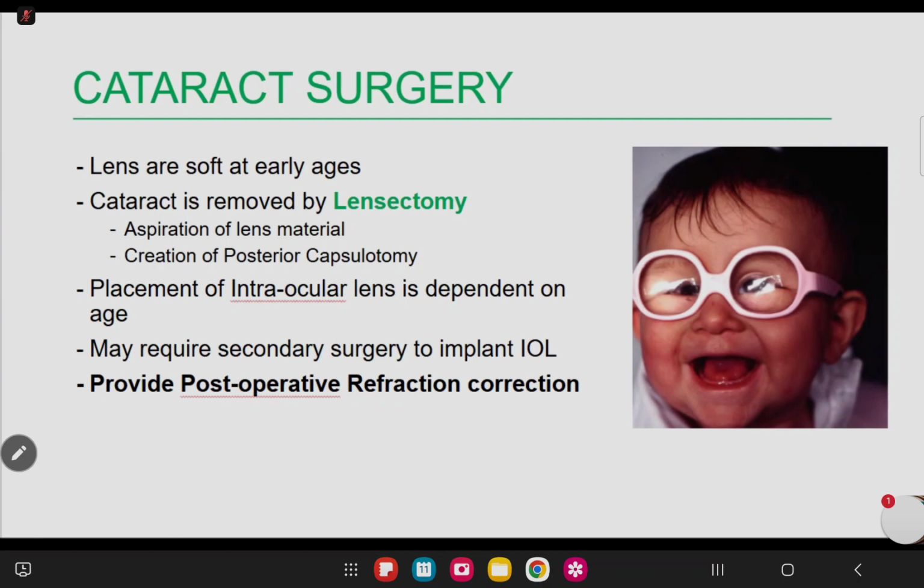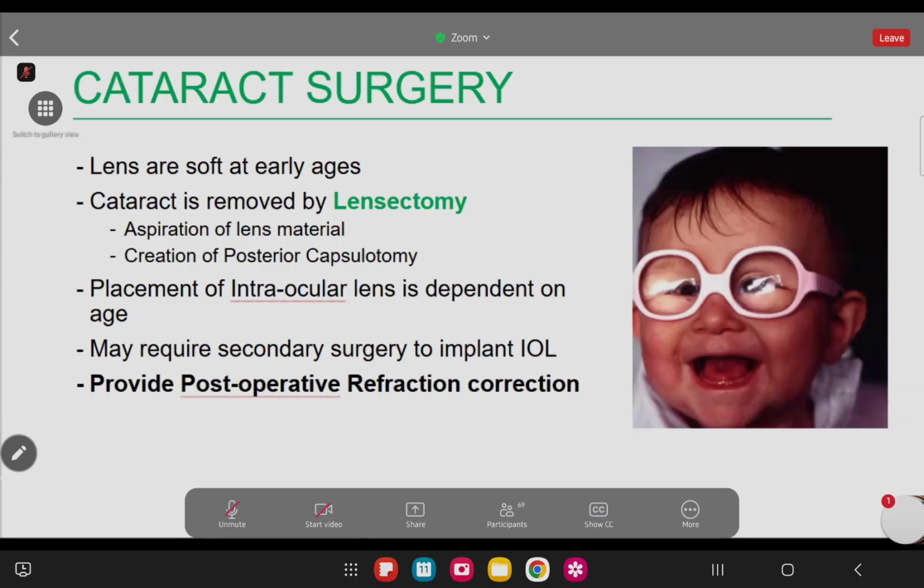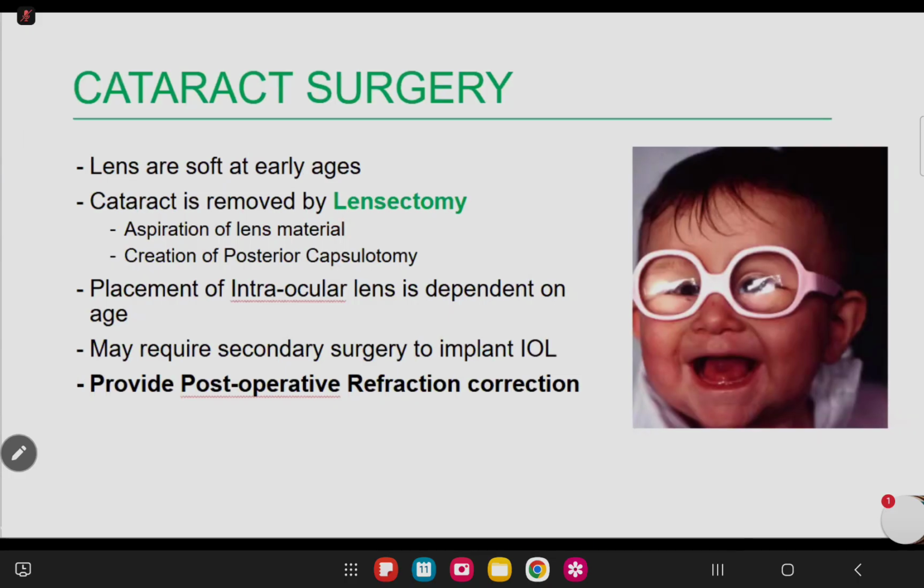So for pedia, since they are operated early and growing up, there would be some posterior capsular opacification. Since we leave the posterior capsule, we sometimes create a posterior capsulotomy. We remove a part of your posterior capsule, like the central part, for the posterior capsular opacity to be prevented.